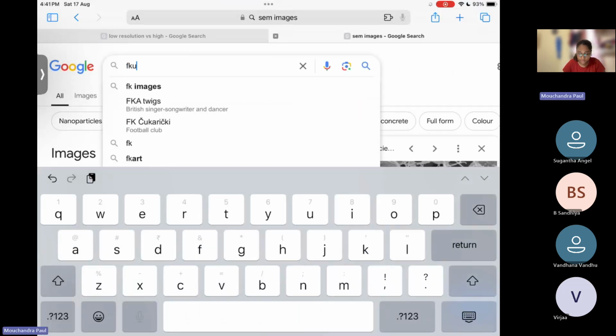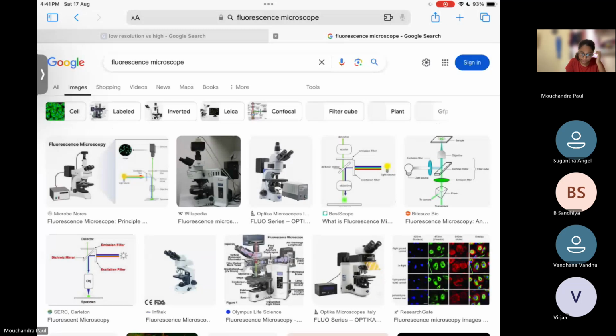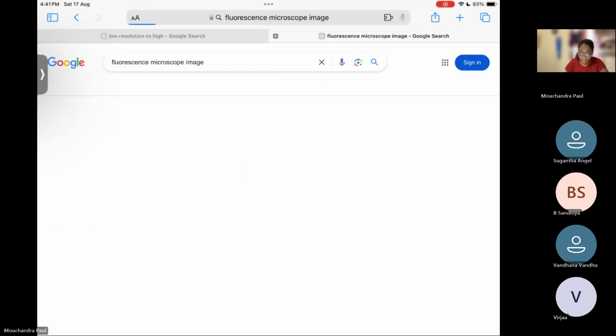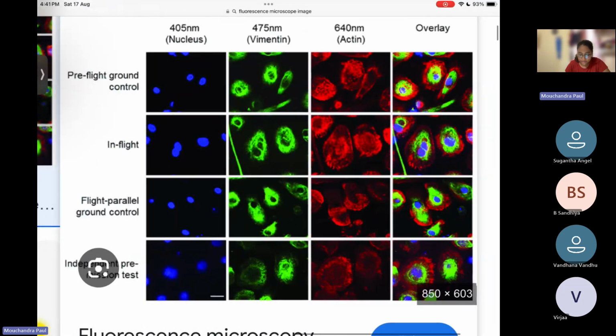For fluorescence microscopy, I told you how colored images you can get. Here, fluorophores are used. They have captured the image of a cell. Within the cell, there is the nucleus and there are some proteins like actin and vimentin. These proteins and the nucleus are tagged with different fluorophores.